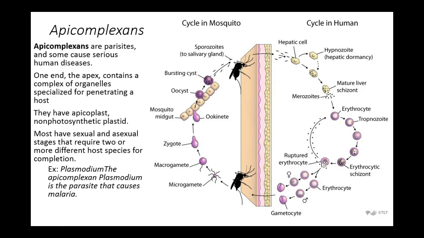They will stay in the liver cells until they are released as merozoites. You don't have to know that, but it's just interesting. They then attack red blood cells.